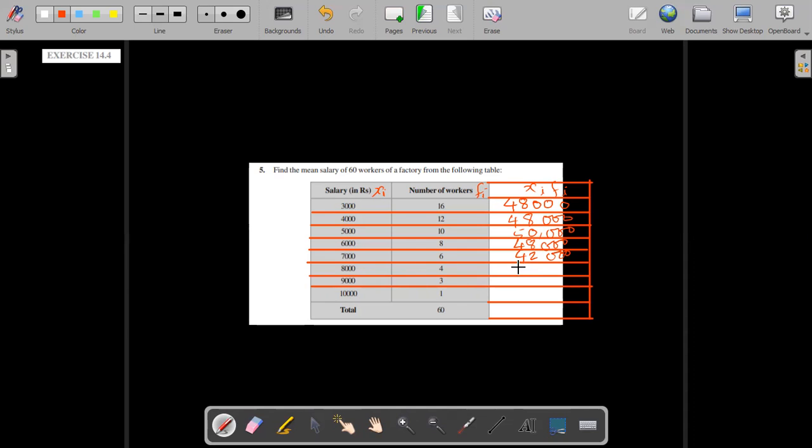Then 8,000 into 4 is 32,000. And then 9,000 into 3 is 27,000. Then 1,000 into 10, sorry, this is 10,000. This has 4 zeros, so 10,000.